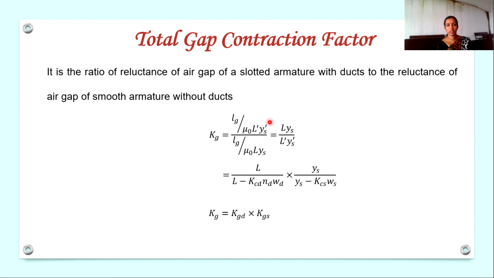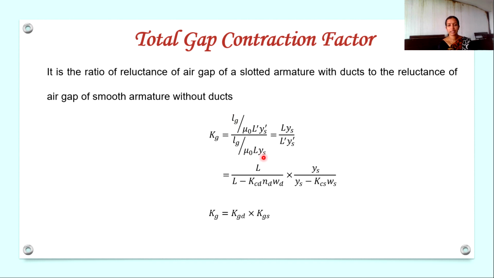So substitute the equations. So in case of armature with the ducts and slots, equation is Lg divided by mu 0 into L dash into Ys dash. L changes to L dash, Ys changes to Ys dash. In case of smooth armature without ducts, the equation is Lg divided by mu 0 into L into Ys.